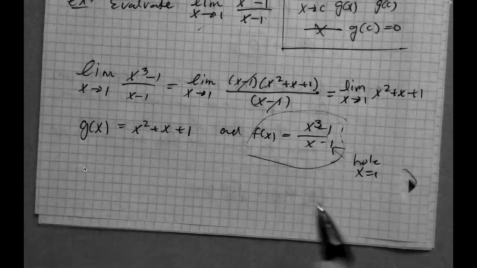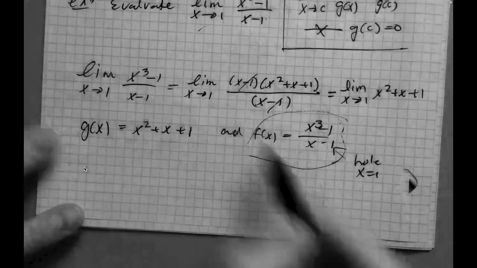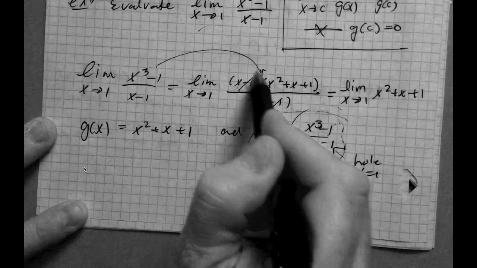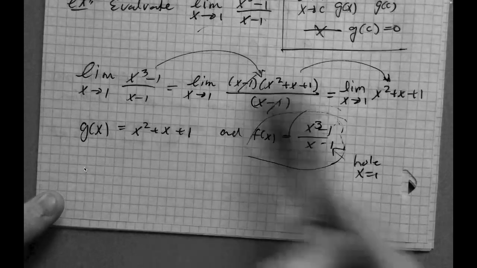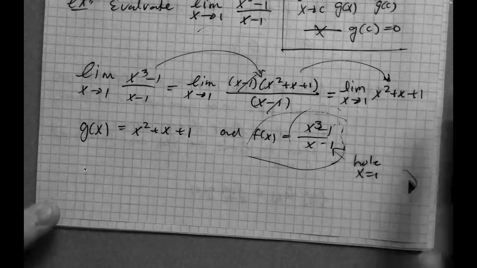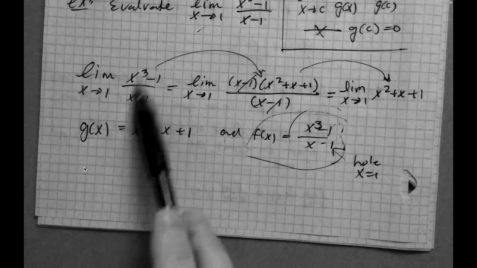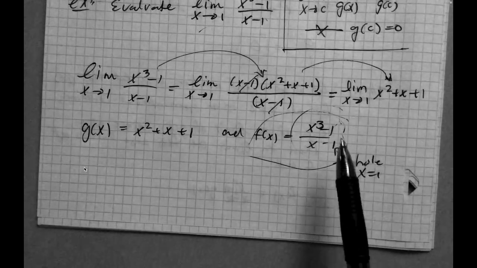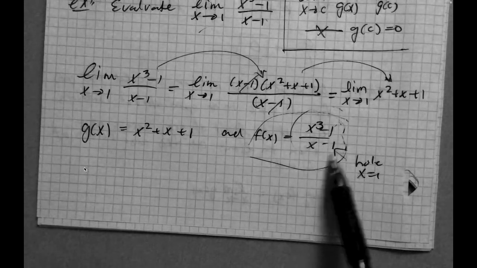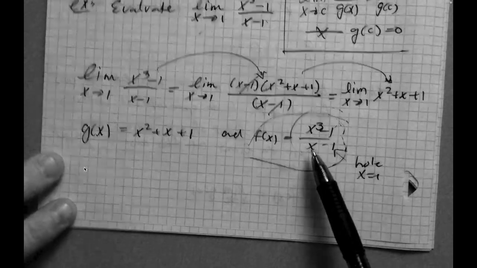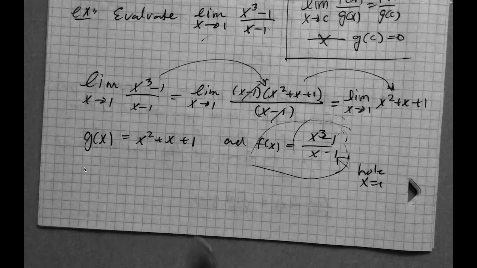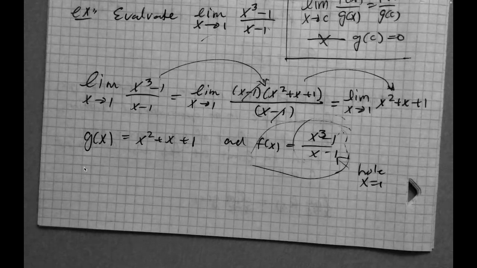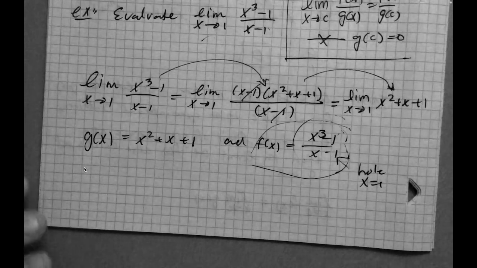But what you can see is that we can take this function f of x here and expand it, and then do some cancellations, and we see that the two functions, f and g, are equivalent everywhere except for x equals 1. So naturally, if this function is equal to that, which is equal to that, then the functions are the same, except this one has a hole in the domain. So this is a direct application of the previous theorem. We can see that g of x and f of x will agree at basically all values of x except for x equals 1.